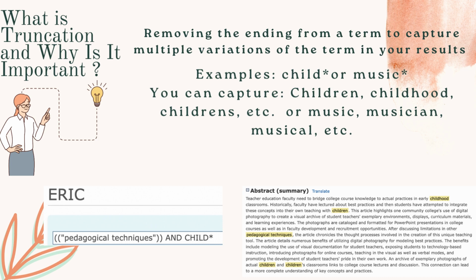So once I hit search, and I retrieved my results, I noticed that all of the articles were really relevant to my search phrase. And I just clicked on a random one. If we take a look at the abstract from one of the articles that I chose, we can see that the highlighted terms that show up are basically the result from that truncation technique that we just used.